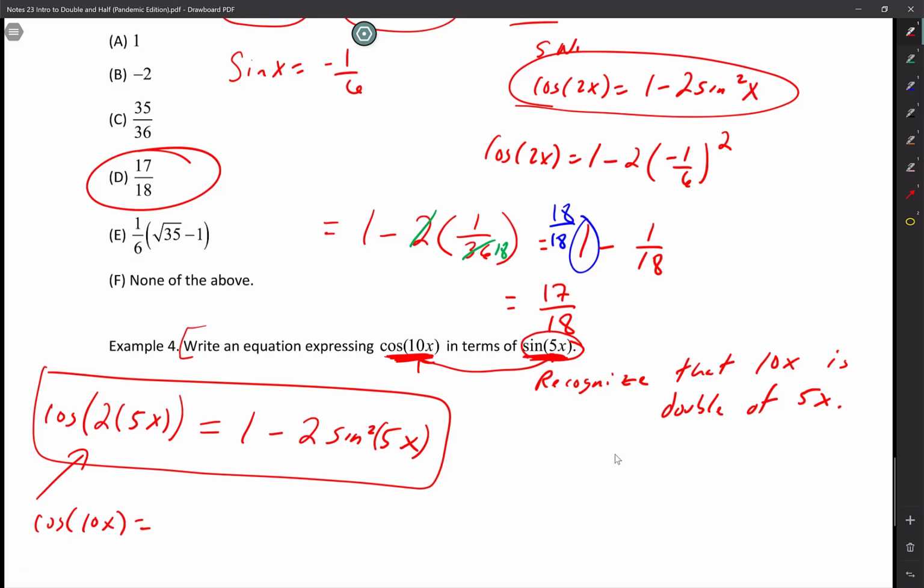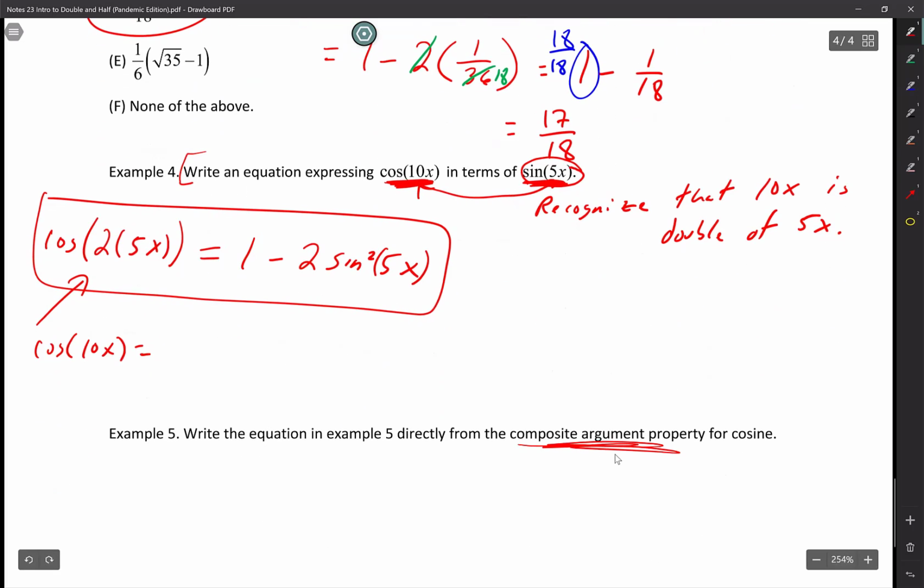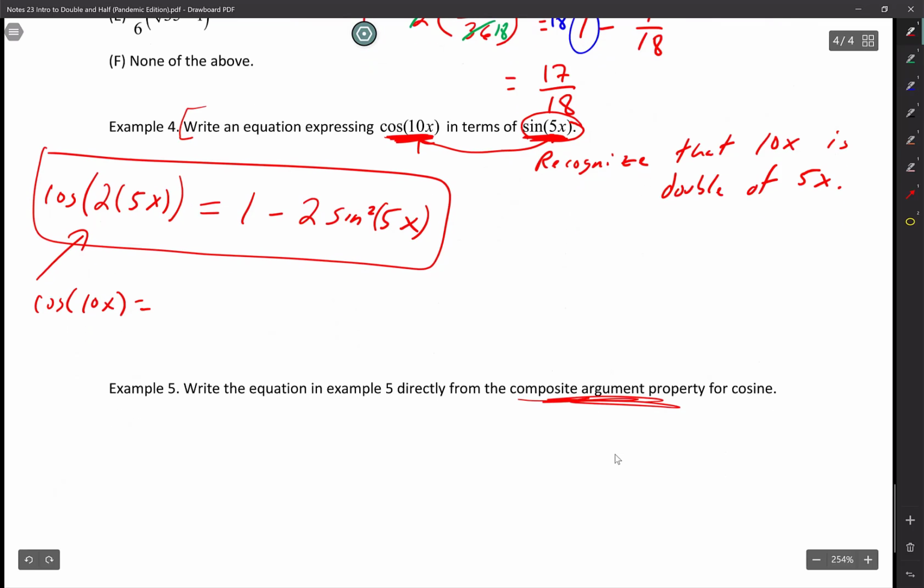So don't worry, I'm not going to ask you this question. If you're wondering, oh man, how am I going to answer that when I get it? I'm not going to ask this question, not this one. But all they are asking is when they give you cosine 10x, can you give me a formula for cosine 10x that only has sine 5x? And I asked the same question again on the next one, but this one, it wants it from scratch. So maybe this one's better for you, Ms. Parker. So you'll like this one better.